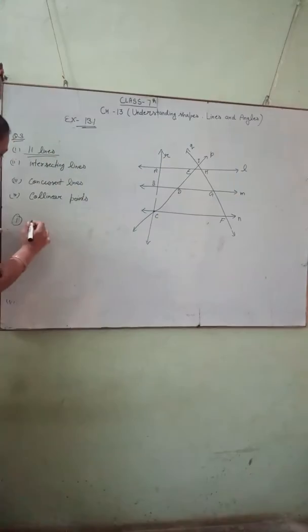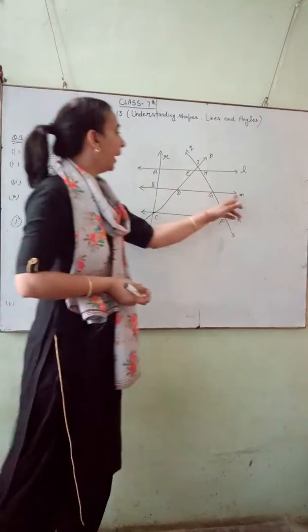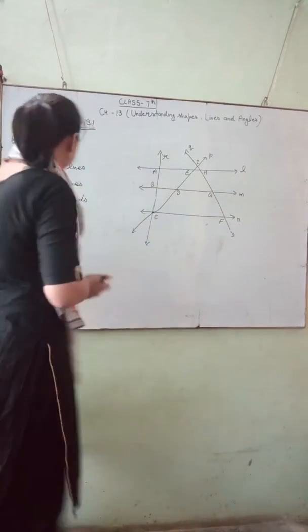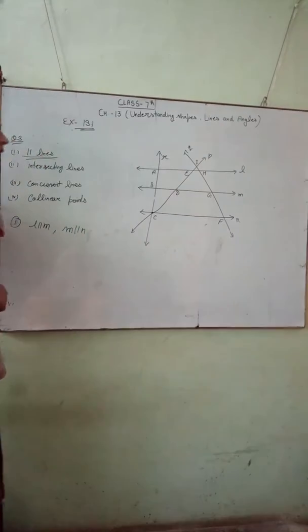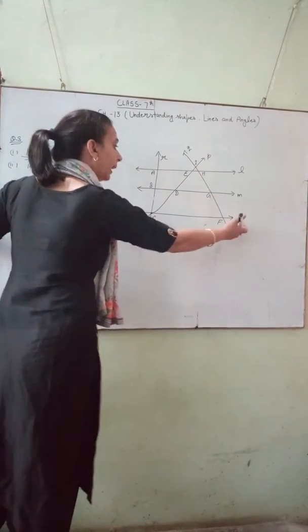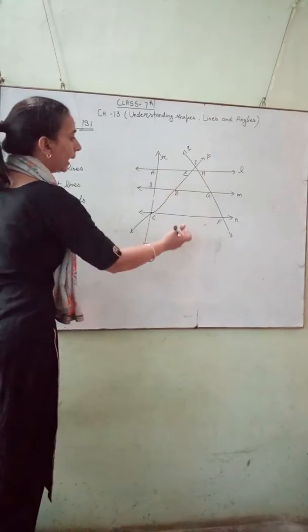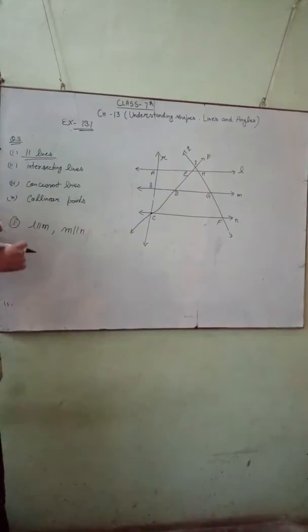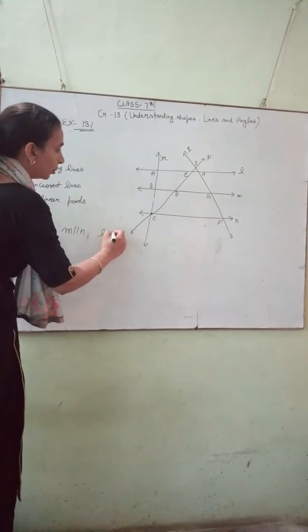So L and M are parallel because they do not intersect each other. So the first pair is L parallel to M. Same, M and N are parallel lines. Next pair, M parallel to N. Again, L and N are also parallel lines because they do not intersect each other. Again, the pair is L parallel to N.